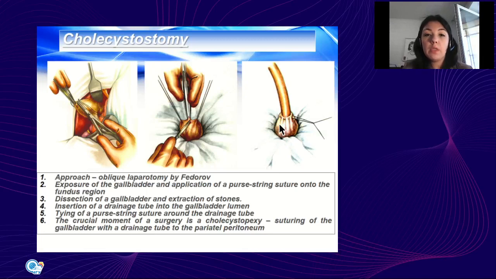If, for example, there is a very severe adhesive process and there is no way to hang the gallbladder to the parietal peritoneum, then we take a sterile gauze tissue and surround the drainage tube with this gauze tissue, and then we fix the drainage tube to the anterior abdominal wall. But we should do our best to fix the gallbladder to the parietal peritoneum. That would be better.